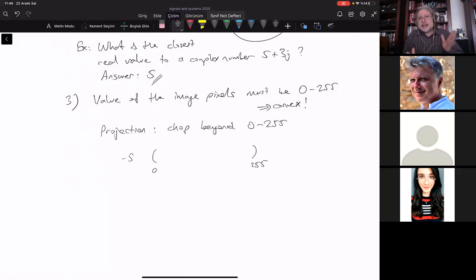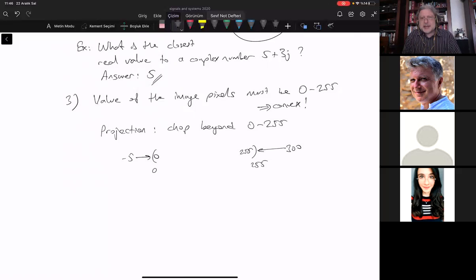So what is the nearest point in the set which is closest to -5? That is 0. What is the closest point to 300 within the set? It is 255. Okay, so chopping is the orthogonal projection.